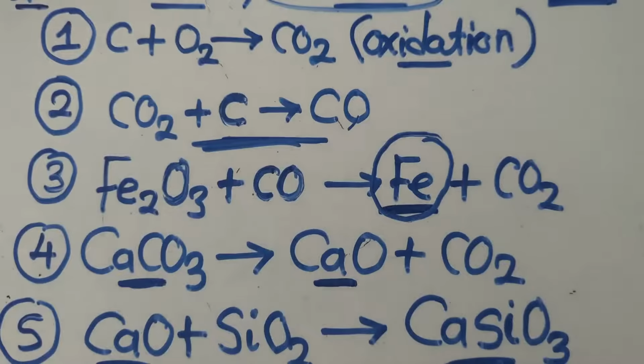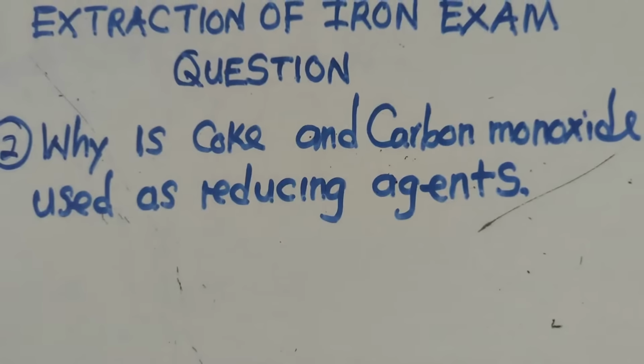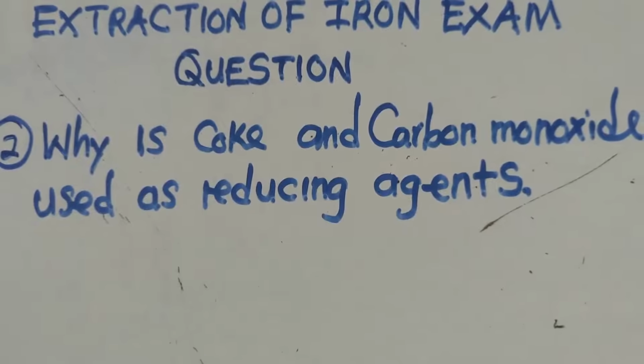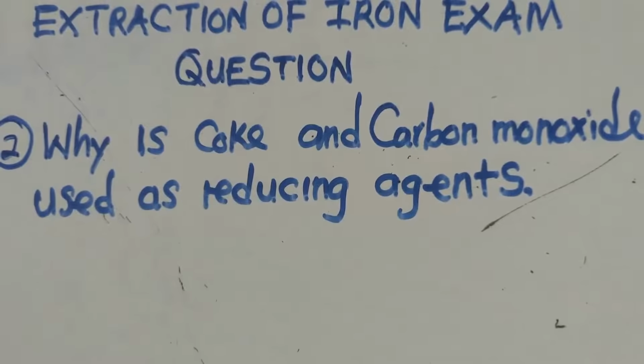So we are done with this. Let us move now to the next question. This is question 2 that we have. Question 2 is saying, why are coke and carbon monoxide used as reducing agents? What is the purpose, or why is it that coke and carbon monoxide are used as reducing agents?